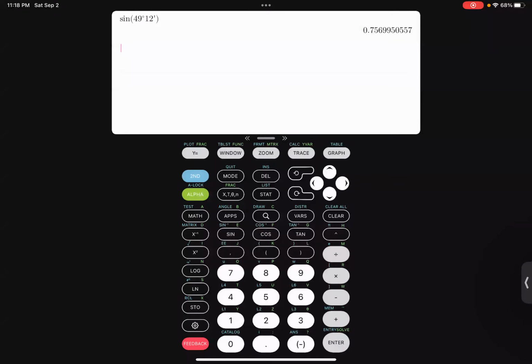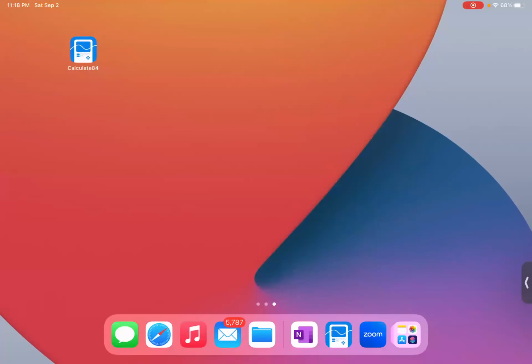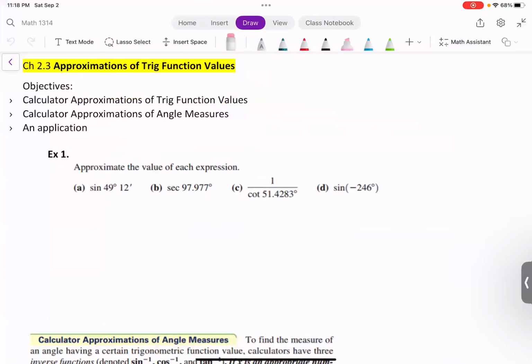If I only want to keep 6 decimal places, let me use the pen. My calculator gives me 0.756995057, so I copy the number down.